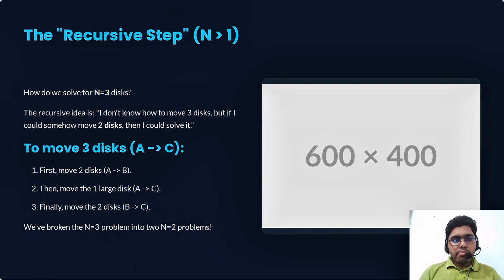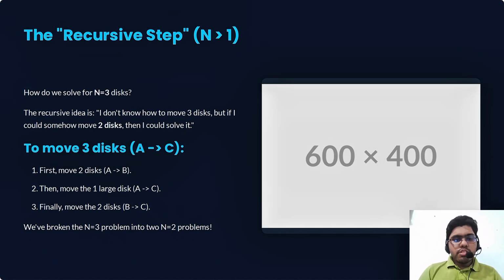We already have a function that can move 2 disks. So to move 3 disks from A to C, first you use our magical function to move the top 2 disks from A to B. A is the source and B is the target for this step.